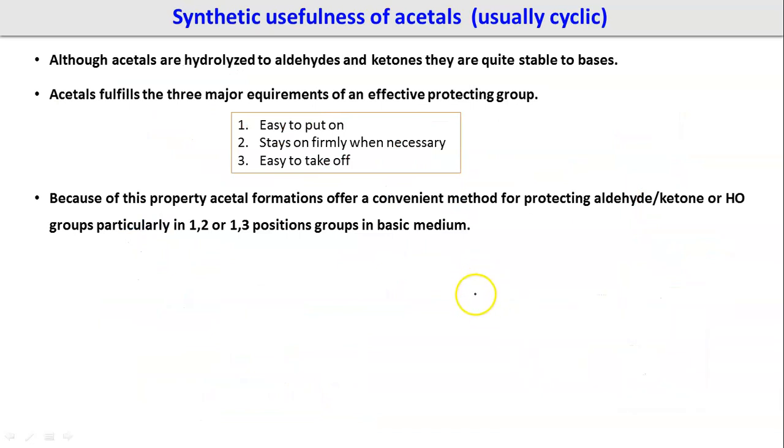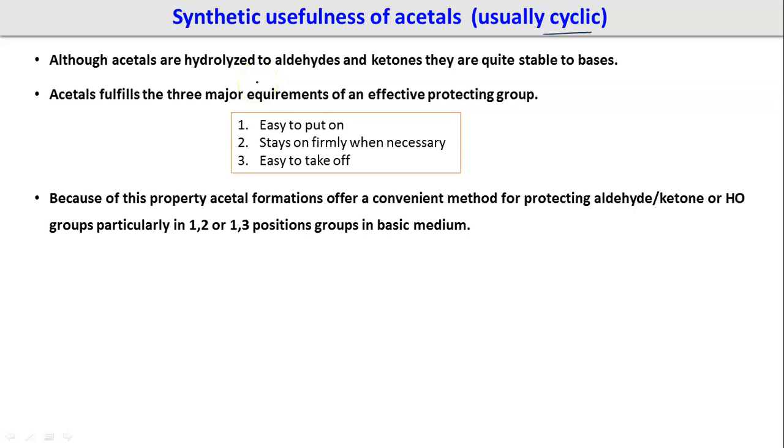Synthetic usefulness of acetals, and it is usually cyclic. So when we are using 1,2-diol or 1,3-diol, it is cyclic acetal, okay, and if we are using methanol or ethanol, it will be not cyclic. So mostly when we are talking about synthetic application, it is cyclic that is taken. So acetals we have already seen in our last video, that is part 5.